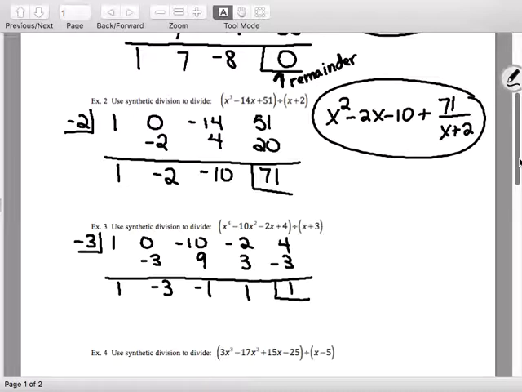Now, you either take first term divided by first term to figure out the degree, or you go, this is the constant, x, x squared, x cubed, whichever way you want to do it. So here's my answer. X cubed minus 3x squared minus x plus 1 over the divisor.